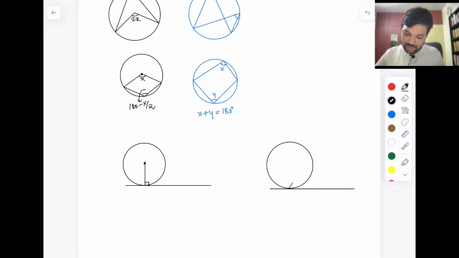The alternate segment theorem states that if you have a chord and that chord makes some angle theta with respect to the tangent at the touch point, then this chord subtends the same angle at the circumference, okay, on the alternate segment, that is on the other segment.